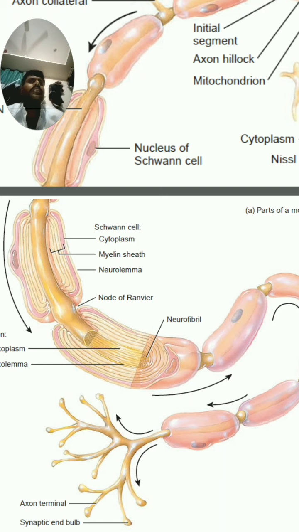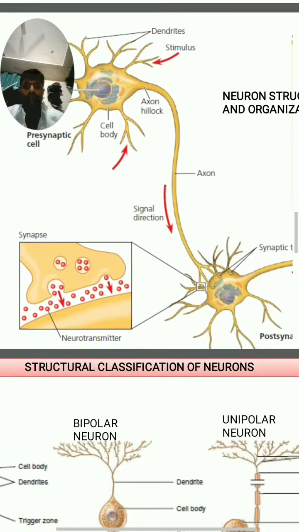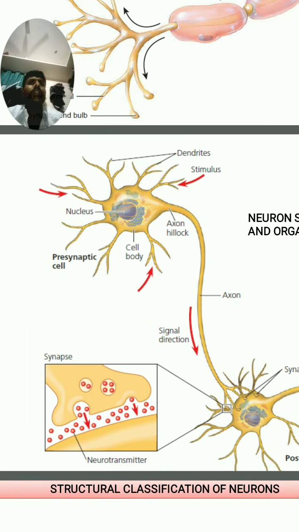Synaptic end bulbs plus varicosities contain many tiny membrane-enclosed sacs called synaptic vesicles that store chemical neurotransmitters. The longest axons are almost as long as a person is tall, extending from the toes to the lowest part of the brain.